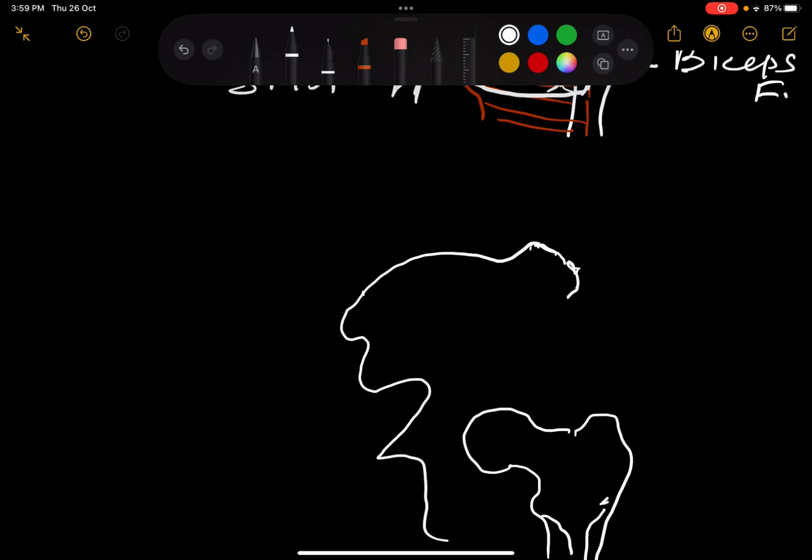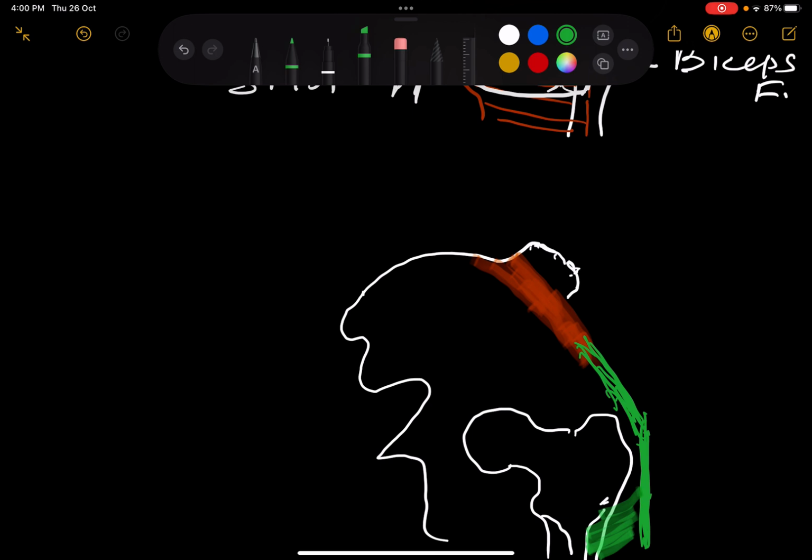We can't really see this portion, but we can see a muscle, which is the tensor fascia lata, which arises from this point, becomes a tendon, band. This is called the iliotibial band, and this gets attached to the linea aspera like this, which forms the lateral intermuscular septum.